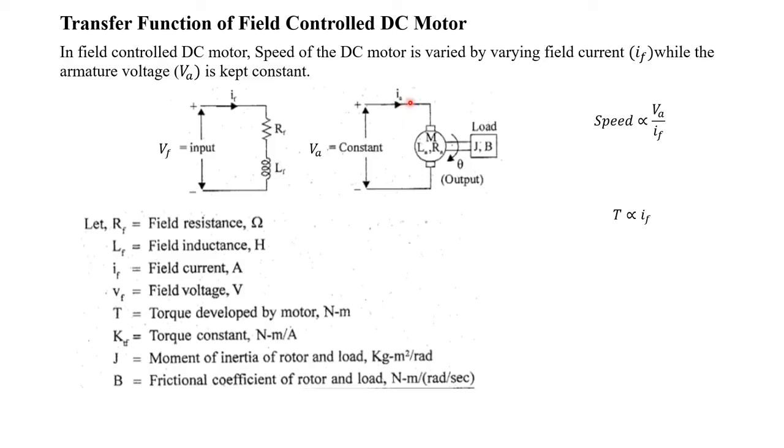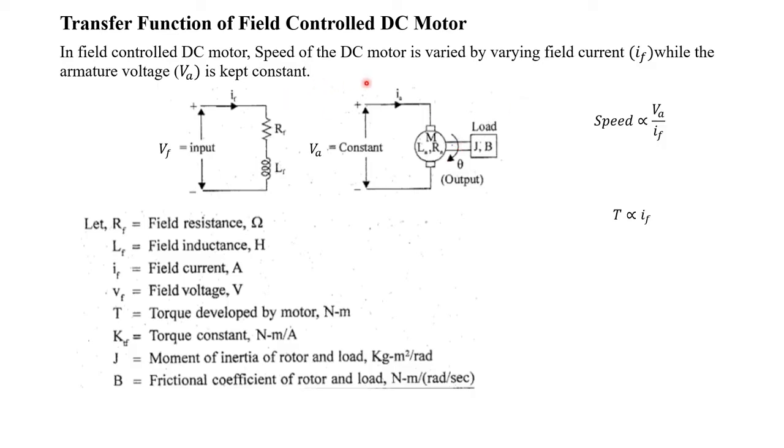Here the armature current is constant, only the field current is variable, so the generated torque will be directly proportional to the field current IF. In the field control DC motor, there will not be any back EMF. All the remaining will be similar to the armature controlled DC motor.